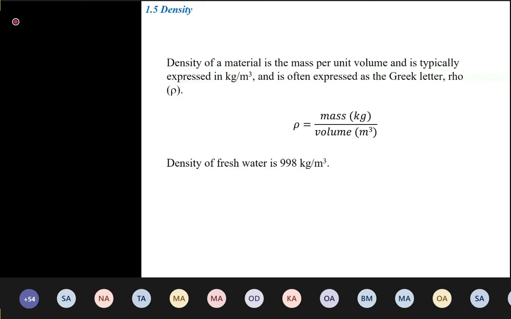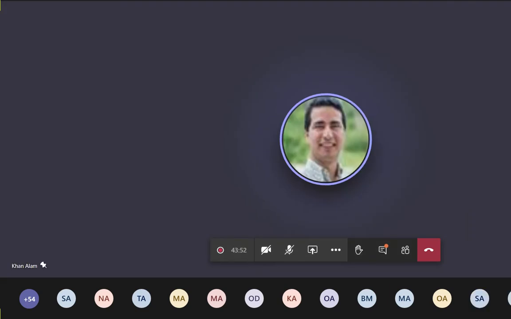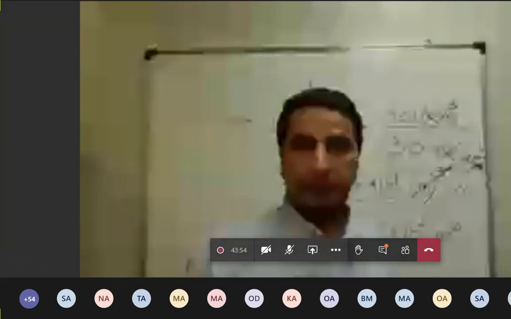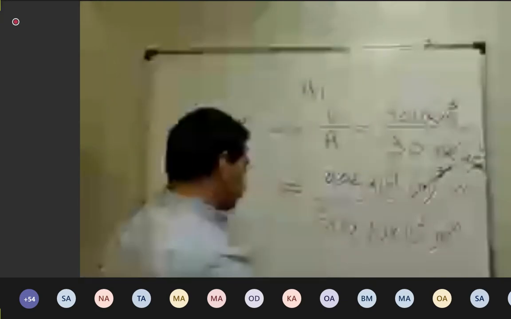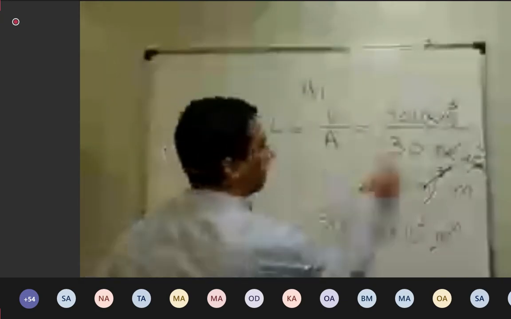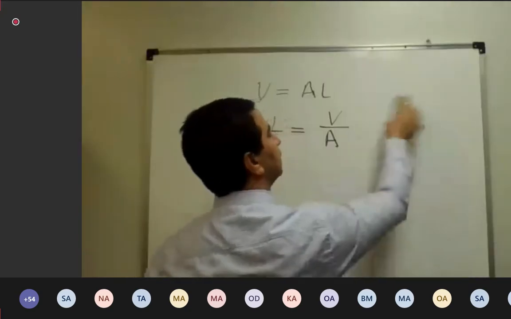When I measure its mass on a scale and divide by its total volume, it gives me mass divided by volume, and the name for that is density. Since it is mass divided by volume, the unit is kilogram divided by volume.